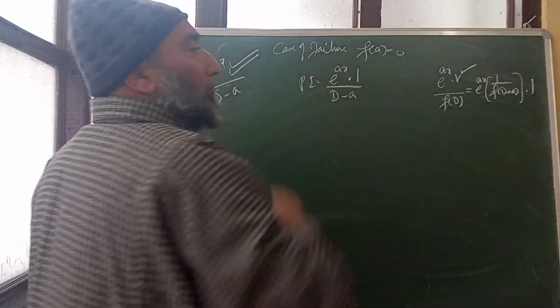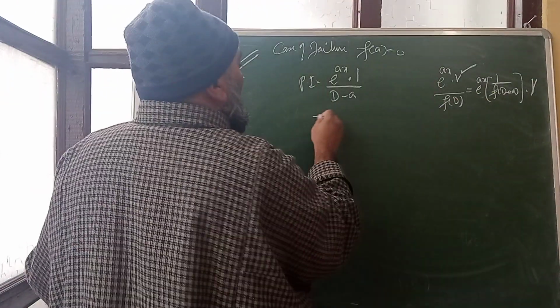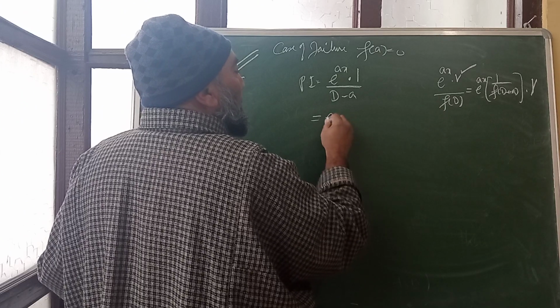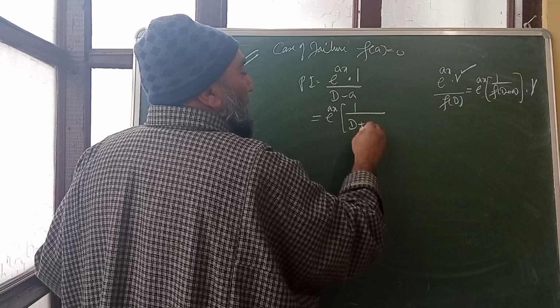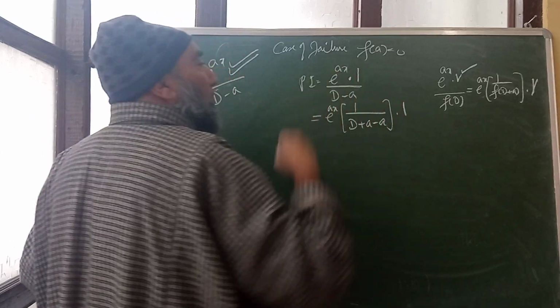Here it is 1, V. You see, by using rule 4, this is e to the power ax, replacing D by D plus a and operated on V. V is 1 here.